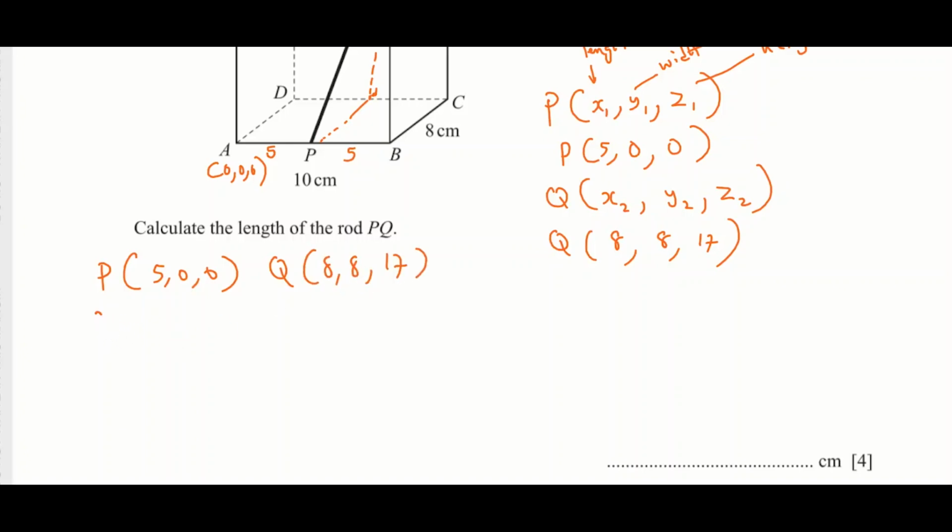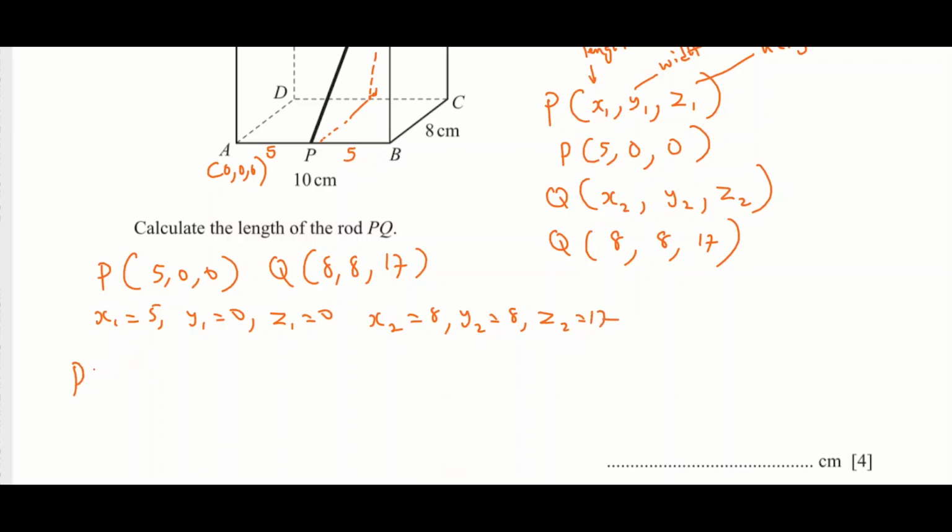So x1 equals 5, y1 equals 0, z1 equals 0, then x2 equals 8, y2 equals 8, then z2 equals 17.